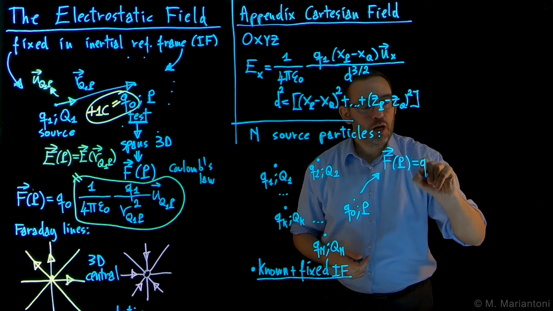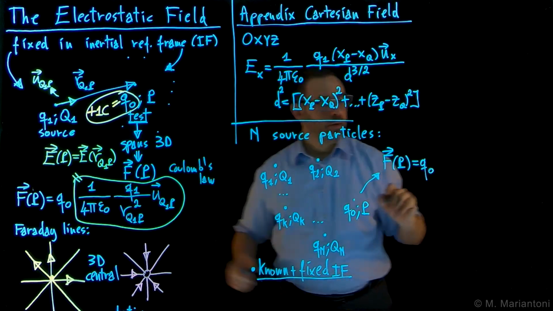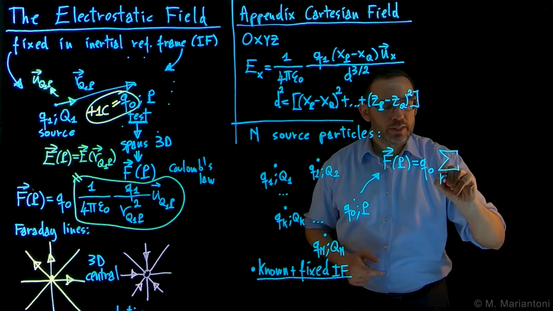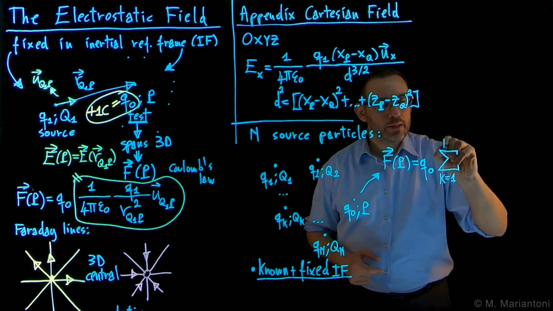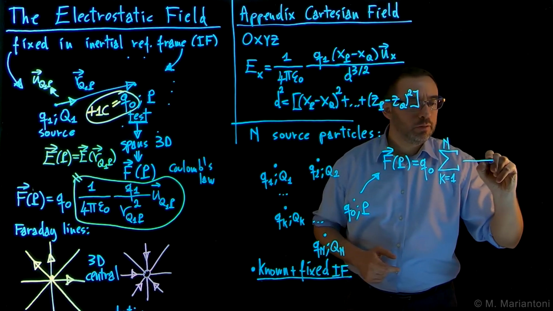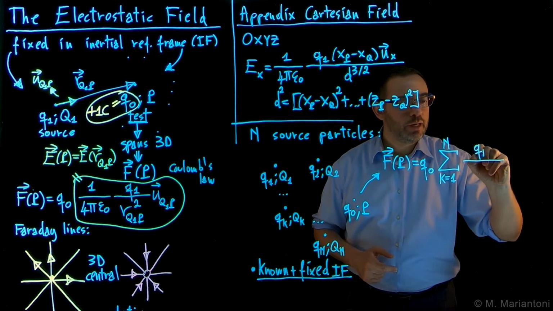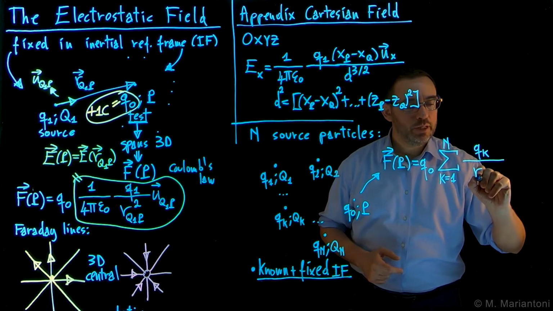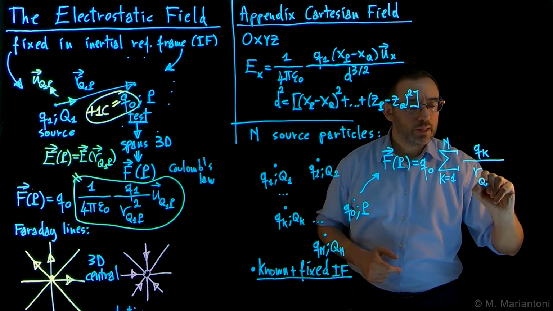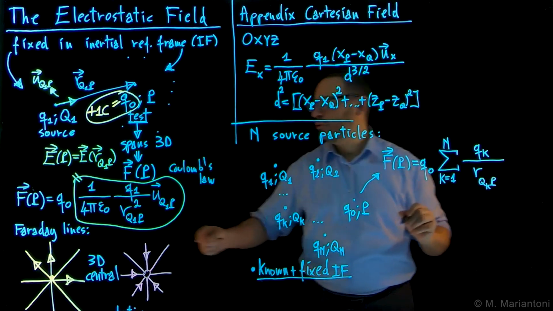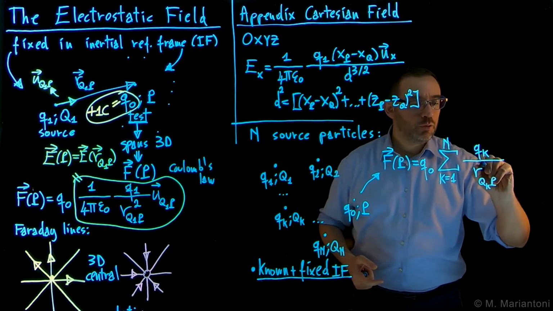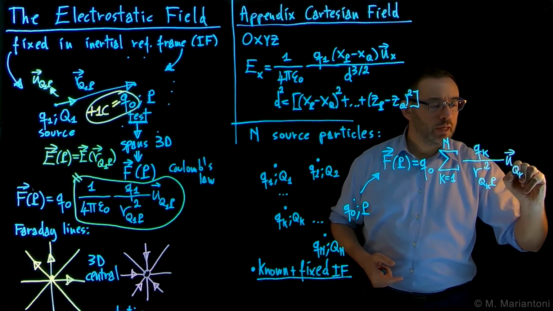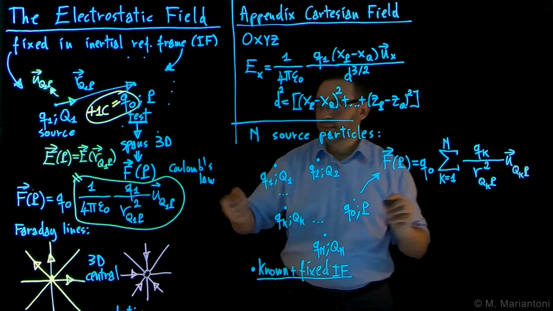We're going to have Q naught, which I factor out as before, but then I'm going to have the sum over the index k, which goes from 1 to capital N, of the charge qk divided by the vector distance between rqk and capital P squared. So now we need to specify the index: instead of 1 it is k, Coulomb's law, and the unit vector will be u_qk,P. So I'm just generalizing this concept.